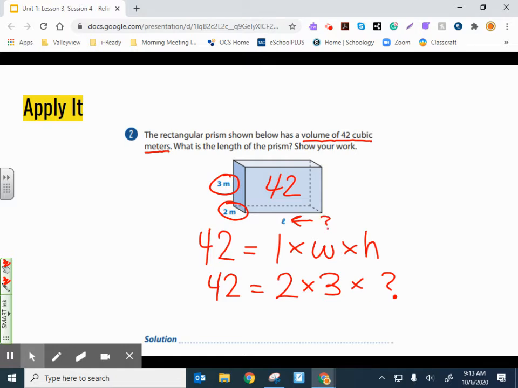Let's figure it out. 42 equals 6 times the mystery number. So 6 times what gives us 42? You know your multiplication facts, as you should by now. You know 6 times 7. So the final answer must be 7 to get a total volume of 42.